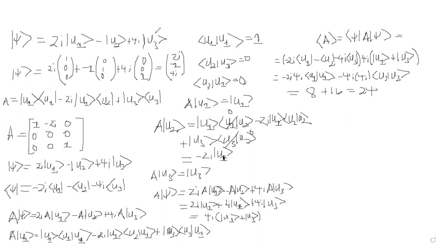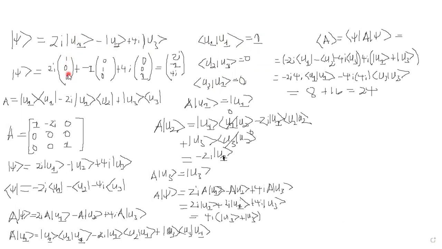So if you do a bra-ket with u1 and u1, which I have here, it's equal to 1. If they're not the same, it's equal to 0. That applies for u3, u2, and I have u3, u1 here. But what is this? Well, all of this is a column vector.